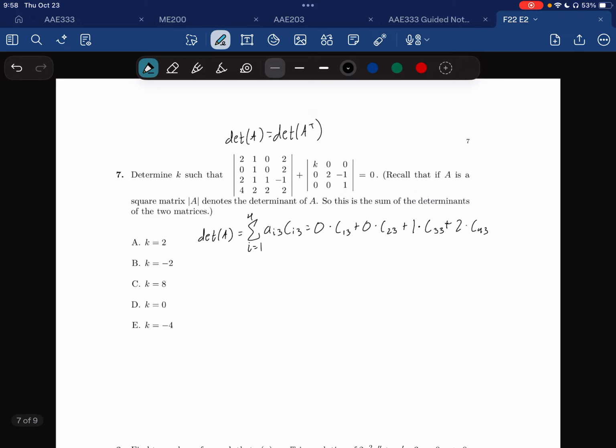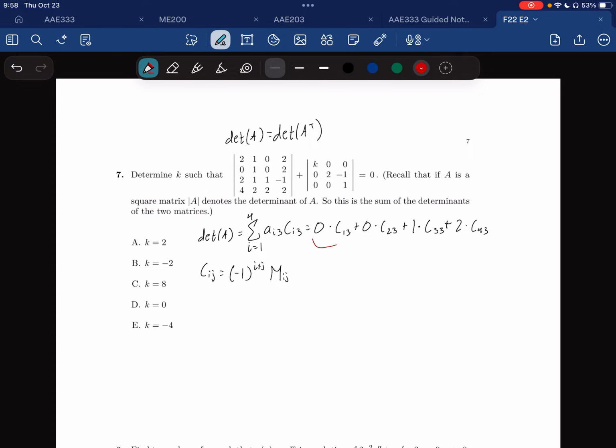And what are our C's? Cij is just going to be equal to (-1)^(i+j) times Mij, where M is the matrix you get after your cofactor expansion. So let's look at this.